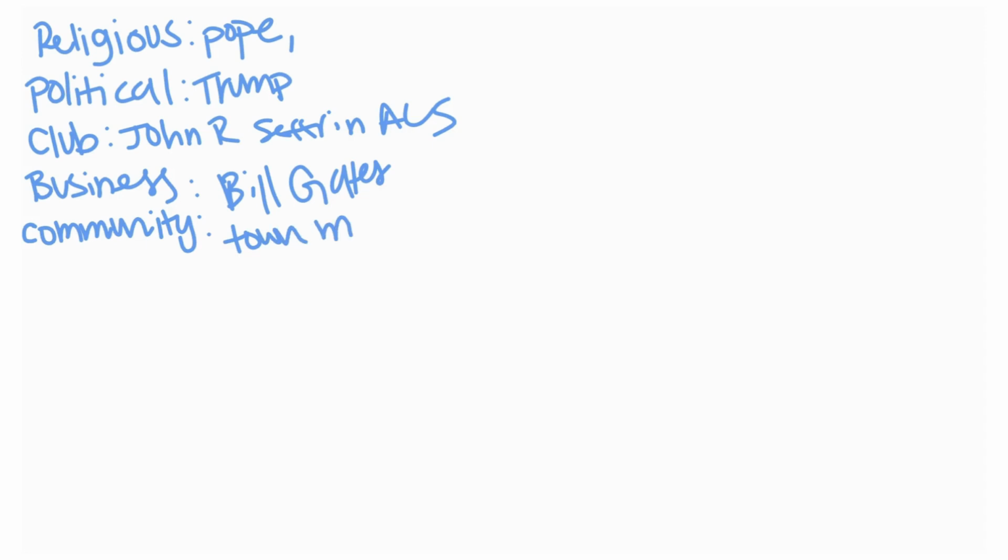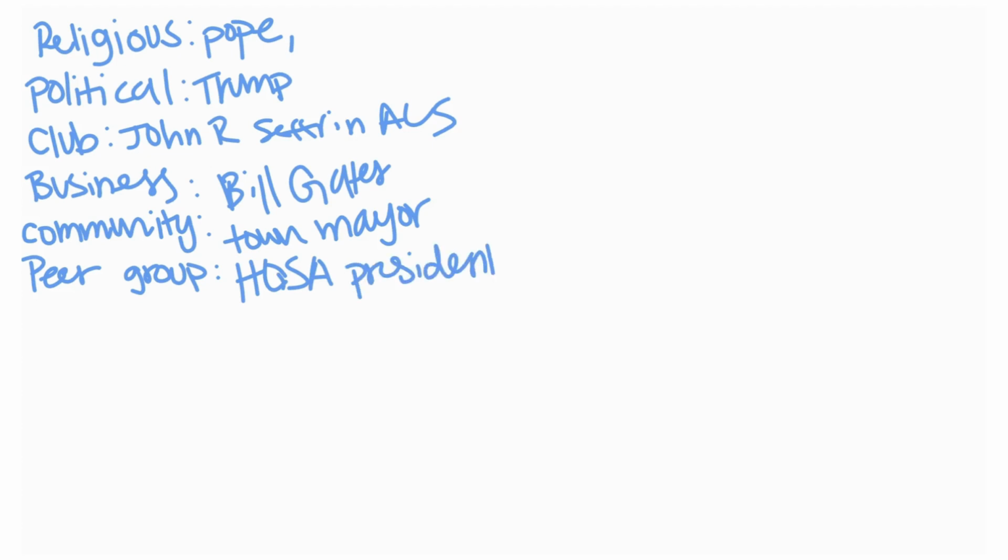And then lastly, there are peer group leaders. And this is going to be your club presidents and all of the things at school, club advisors. So this could be our HOSA president or our HOSA advisor. Okay, so those are the types of leaders, the categories of leaders. The types of leaders are what I'm going to cover next.